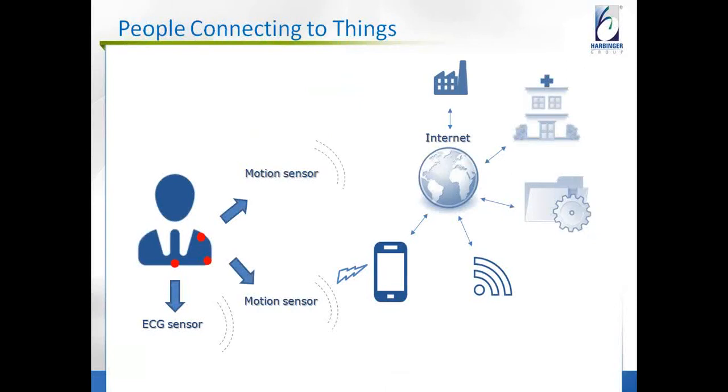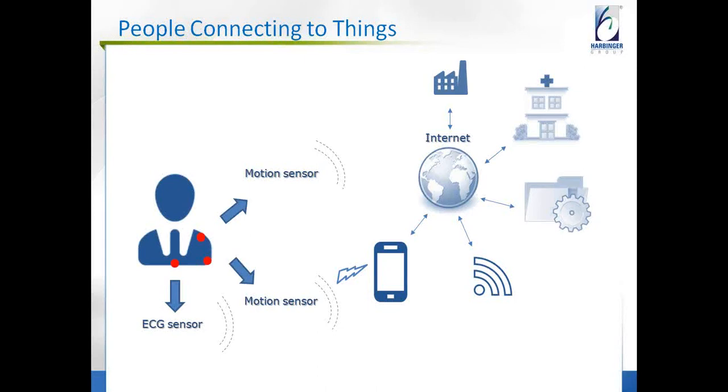Let's take a closer look at these things and what is involved. There can be two categories at a high level. These connections are not just between things, it is even people who are also connected to these things. To give an example, a motion sensor put in a shoe connecting to the mobile device, which would send data about calories burned by the respective individual, and that update getting shared onto a Facebook profile.